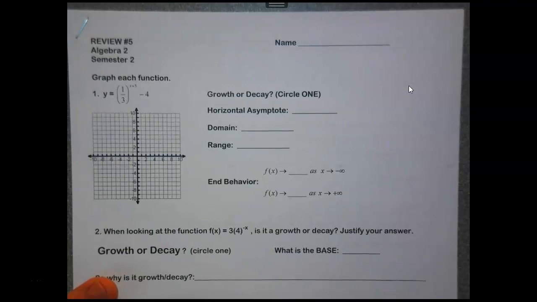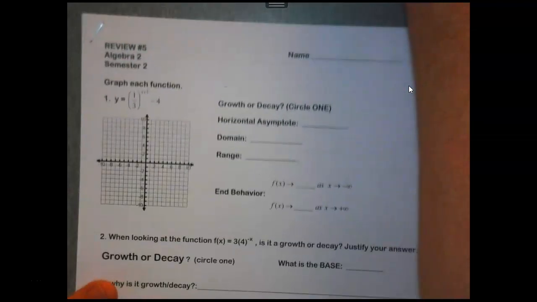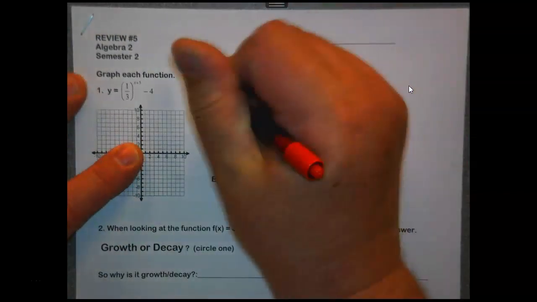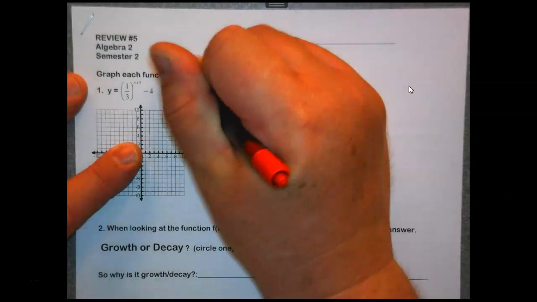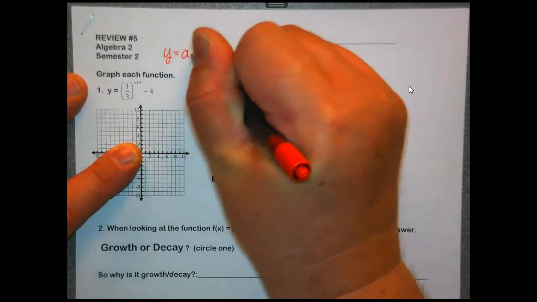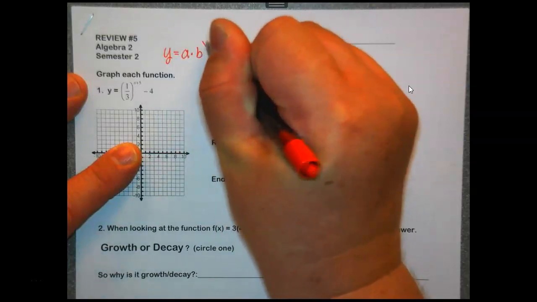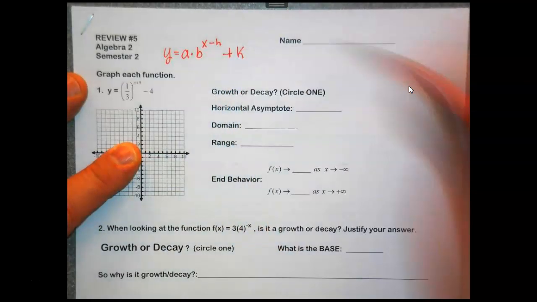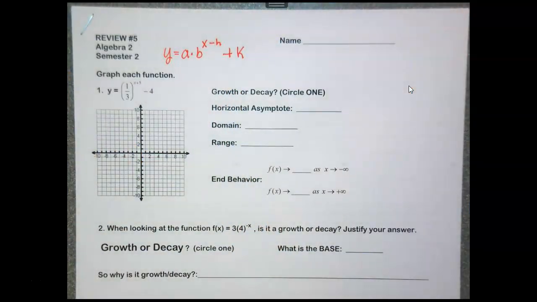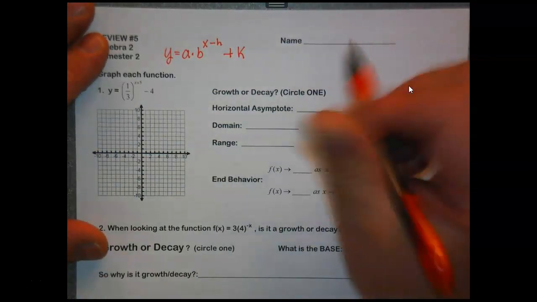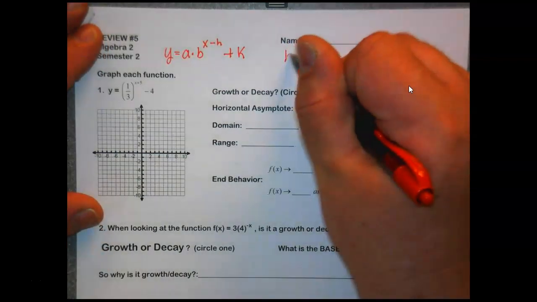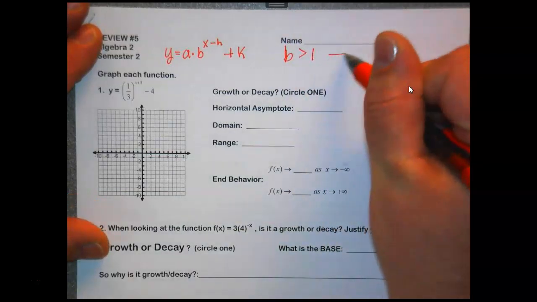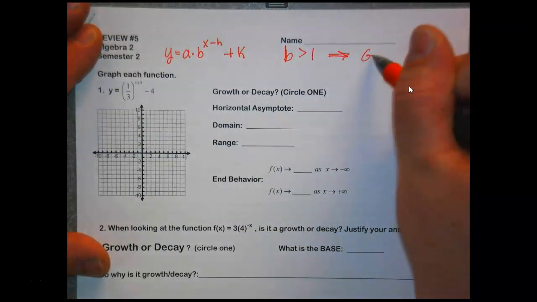Exponential function. The parent function for exponential functions is y equals a times b to the x minus h, plus k, where h and k are 0. Now, if my b is greater than 1, I have growth.